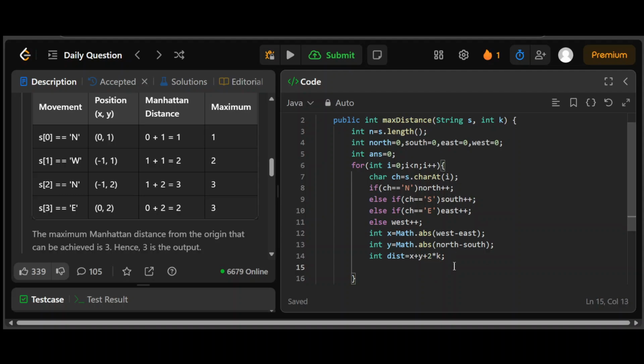But it could be possible that your string's length, or up till where you have iterated, is less than k, so you may get some wrong answers. So for that we need to find the minimum, right?